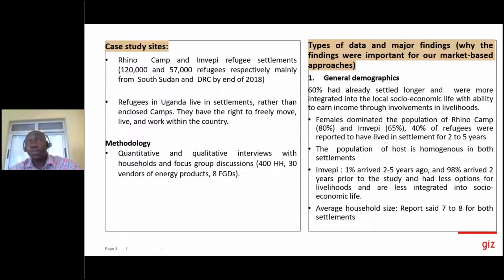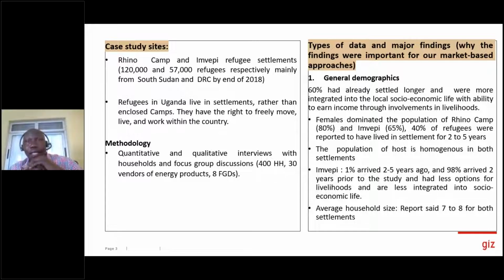We also needed to look at the dynamics: who are those engaged in the energy ecosystem, especially from the side of the vendors. This information helped us design the models that the ESDS project later implemented.